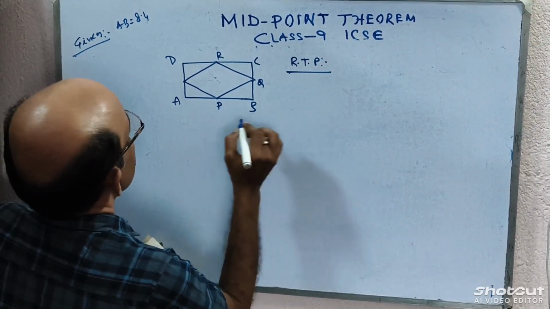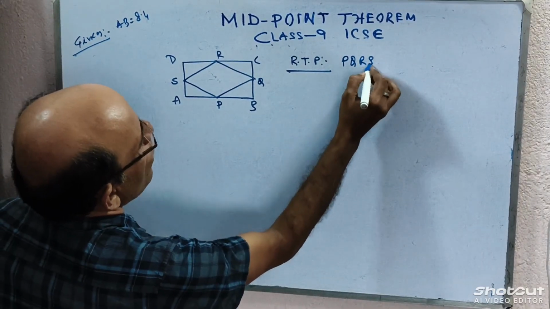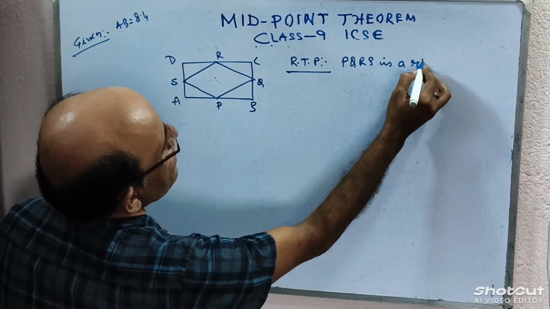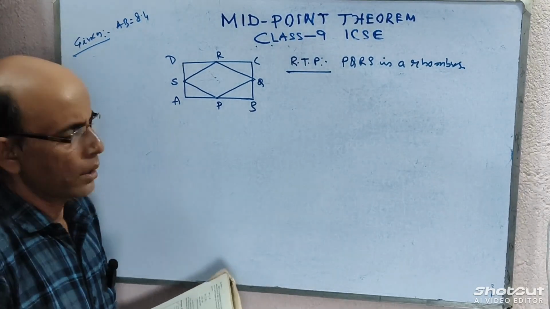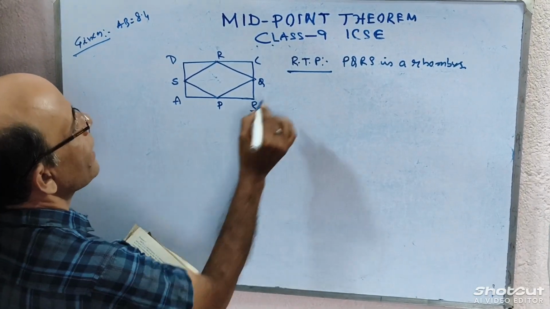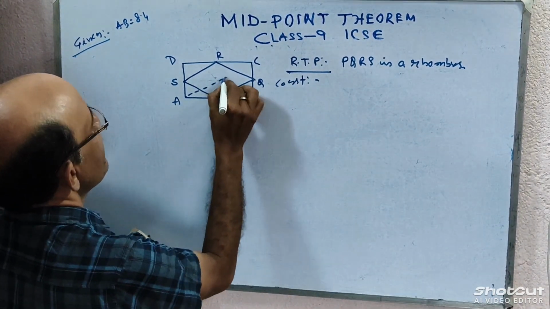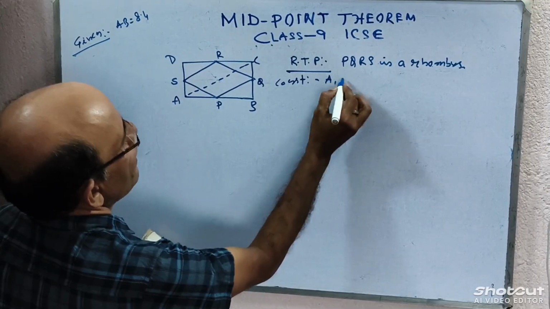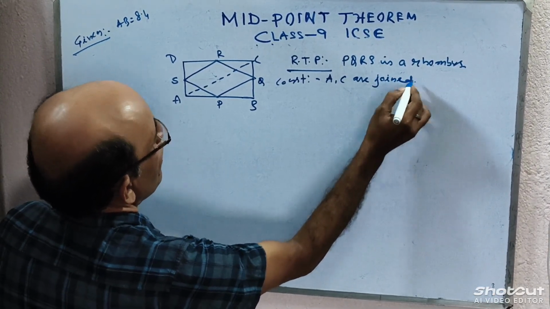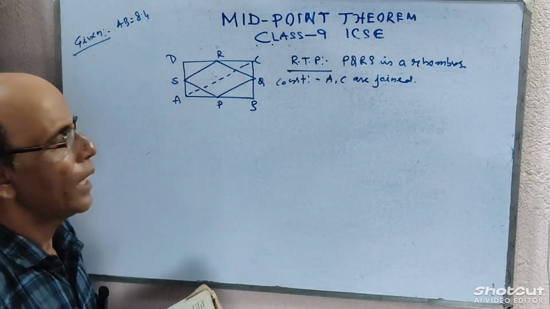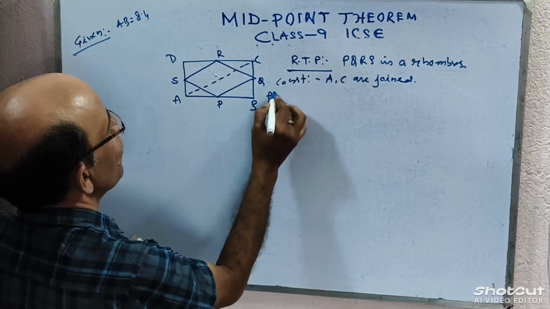You have to prove that PQRS is a rhombus. PQRS is a rhombus. Okay. তো একটা কনস্ট্রাকশন লাগবে এখানে। What is the construction? AC R joint. এটাই শুরু লাগবে। Now in this triangle, midpoint theorem দেখতে পাচ্ছি শুধু। Proof.